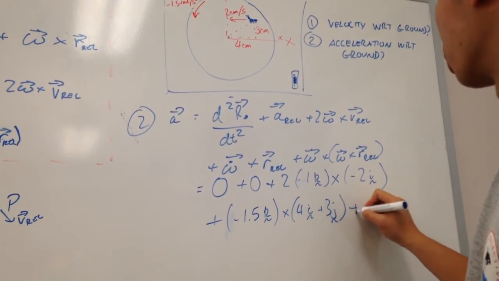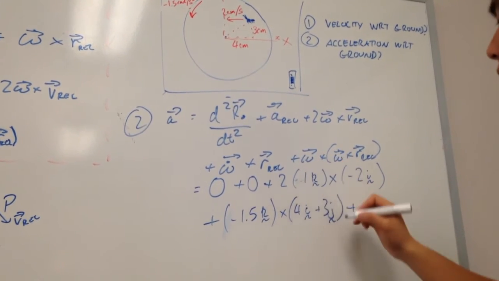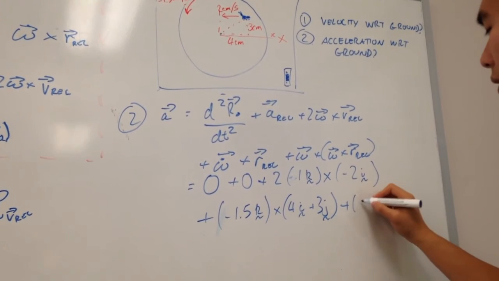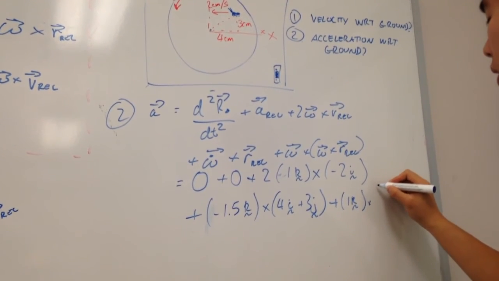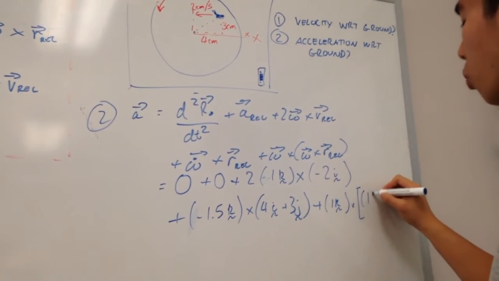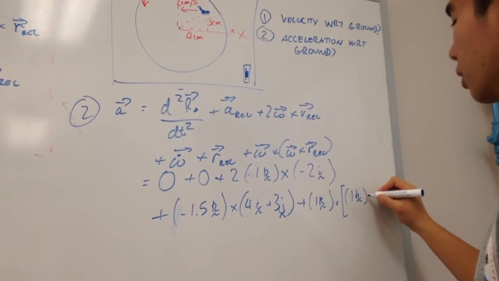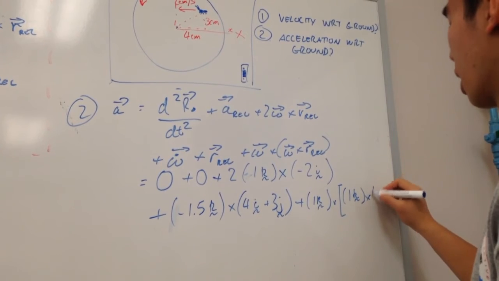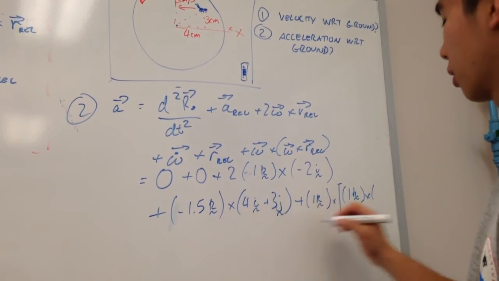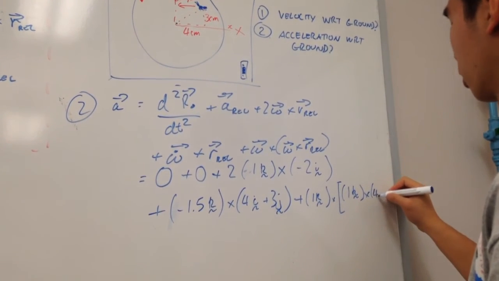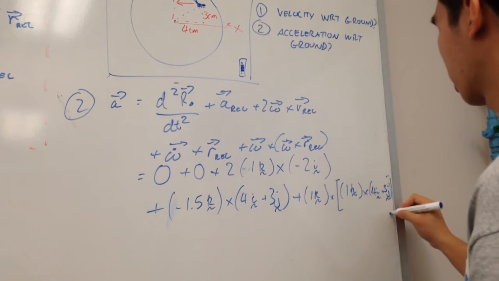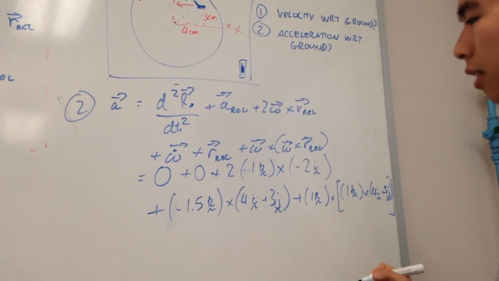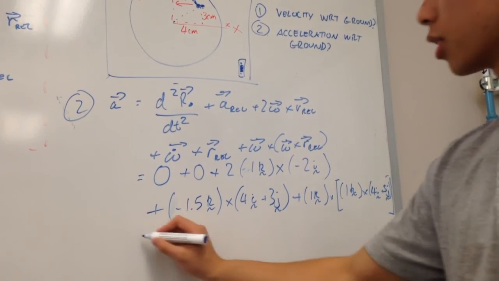And that's added to omega, we figured it was 1k, crossed with omega again, 1k, crossed with RL, which is just the same as this, 4i plus 3j. So now it's just a matter of doing the cross products.